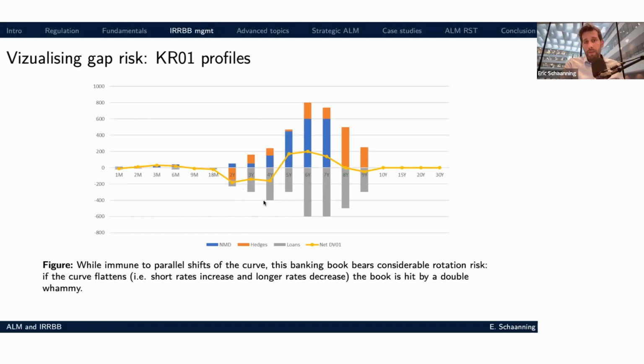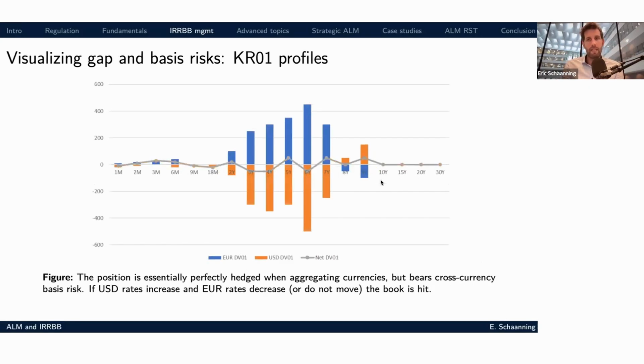One of the two moves would be enough. So if short-term rates increase or if long-term rates decrease, either would hit the bank. It's only neutral if rates literally move in tandem. And that risk only gets picked up if you look at the different tenors.